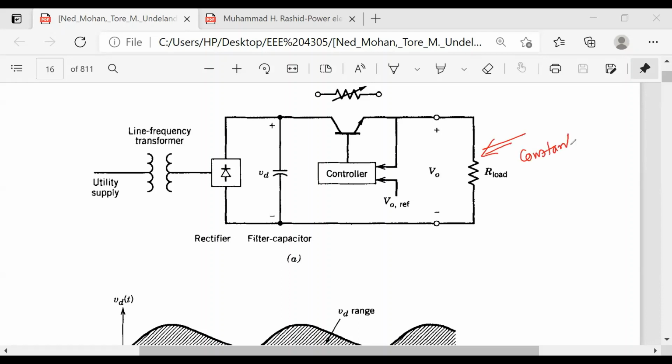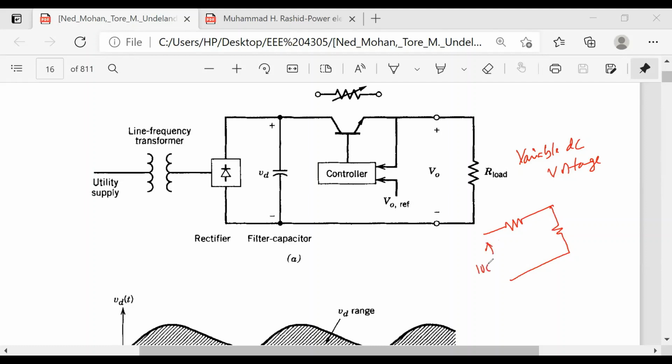If we want a constant DC voltage, we can use any rectifier, and if the input voltage does not change, then of course you will get that constant DC voltage. But if you want a variable DC voltage, then the primitive way to do that is to use a voltage divider circuit like this.